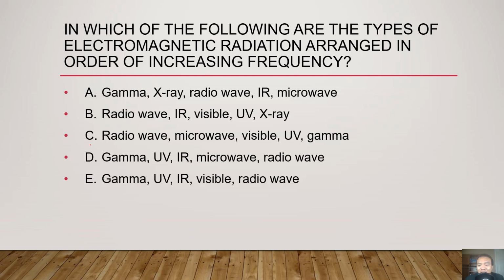So let's look at that. Which of the following has the highest frequency? Apparently gamma ray has the highest frequency. When you look at that, only answer C has gamma ray as the highest frequency. So radio wave has the longest wavelength, but the lowest frequency. So C is the correct answer.